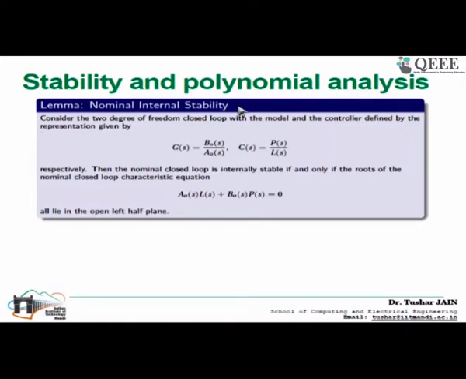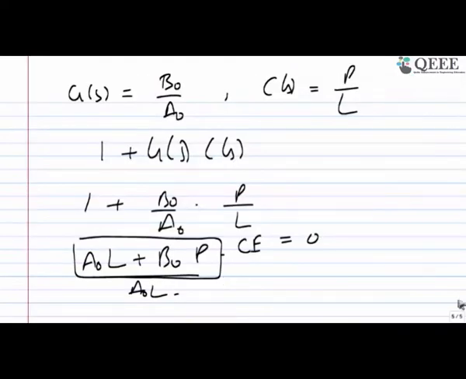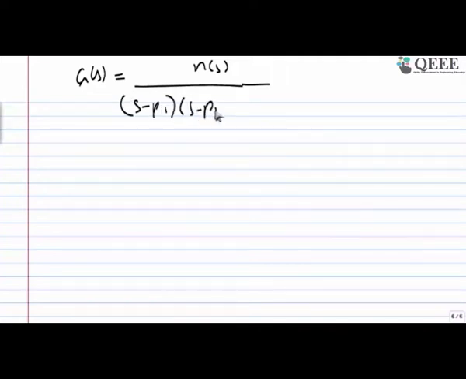So let's write the transfer function. Let's write G of s, which is represented by a numerator polynomial in terms of s, and in the denominator we have s minus p1 up to s minus pn. We have n poles, and we assume here that the poles of this G s are distinct, that is to say the denominator has no repeated roots.